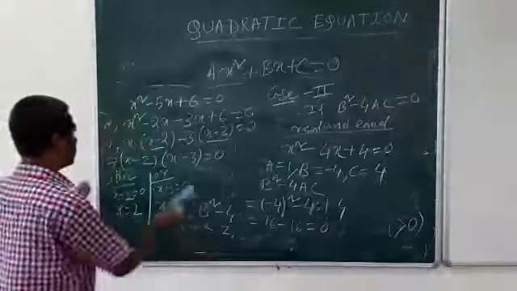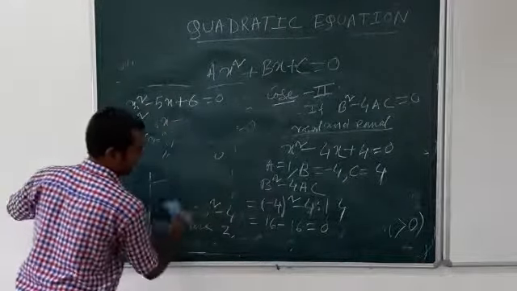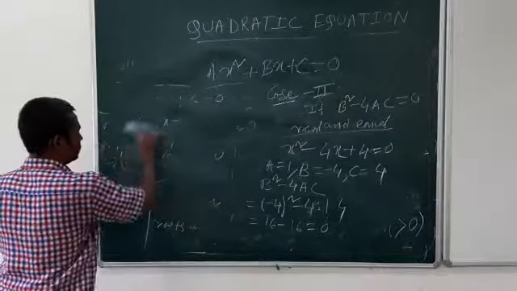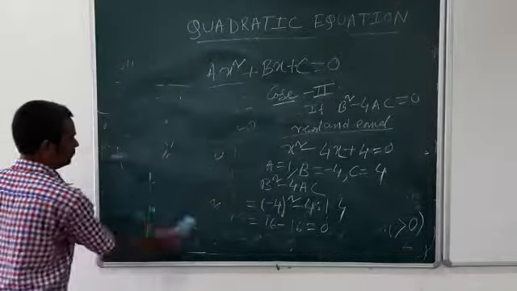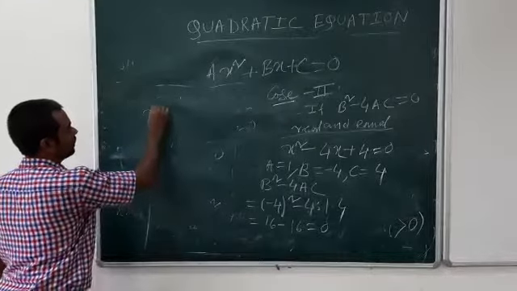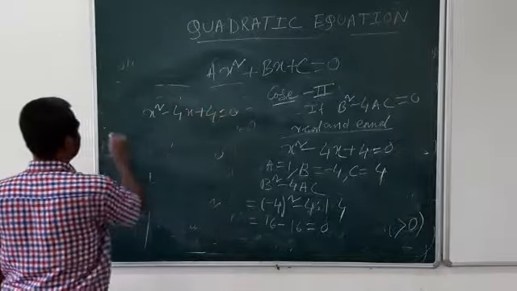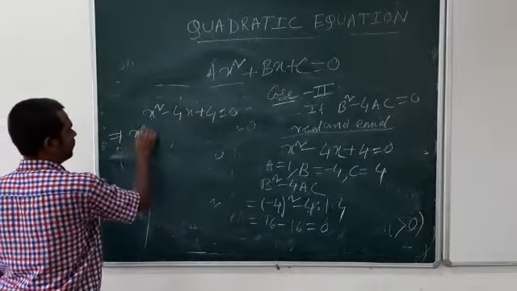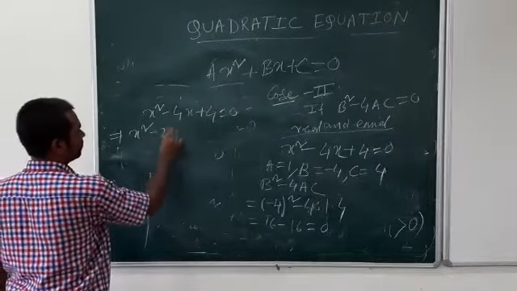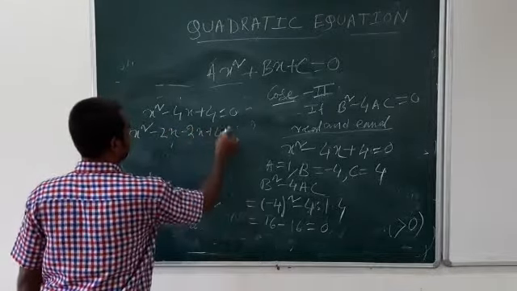Check it. Is our statement from the discriminant true or false? x square minus 4x plus 4 is equal to 0. So x square minus 2x minus 2x plus 4 is equal to 0.